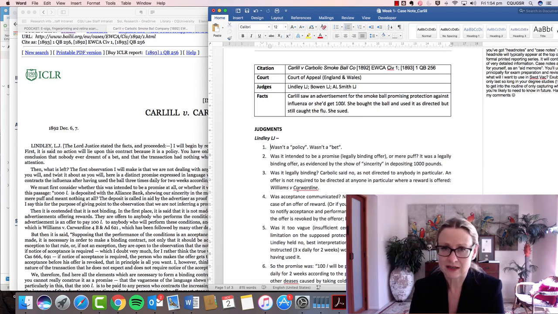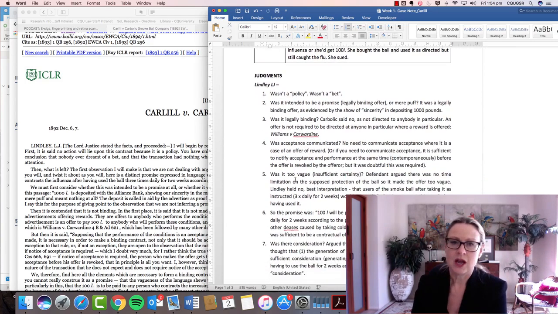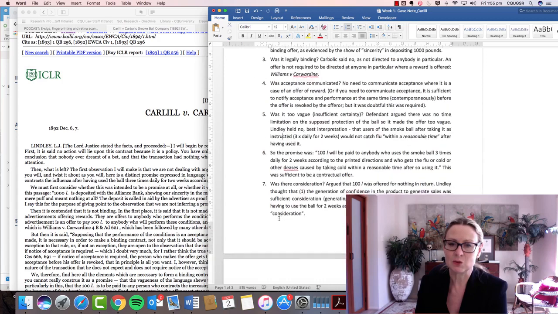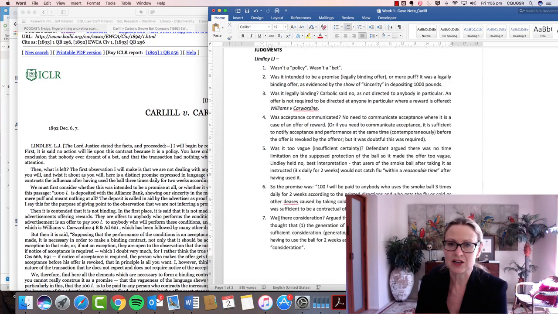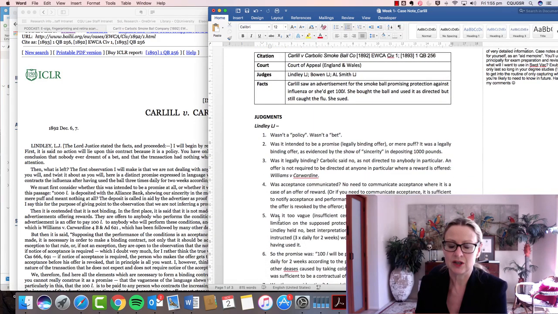And in fact, that is exactly what happens in Carlile. It traverses a number of different issues. And so what I tend to do, and I hope you find this useful also, is that I go through each judge and I list out what I think the main things were that they touched on in their judgment.